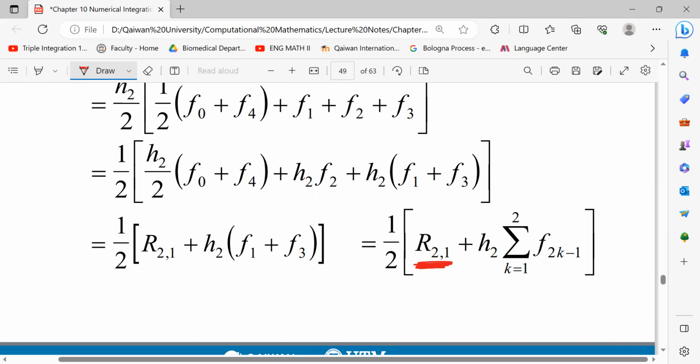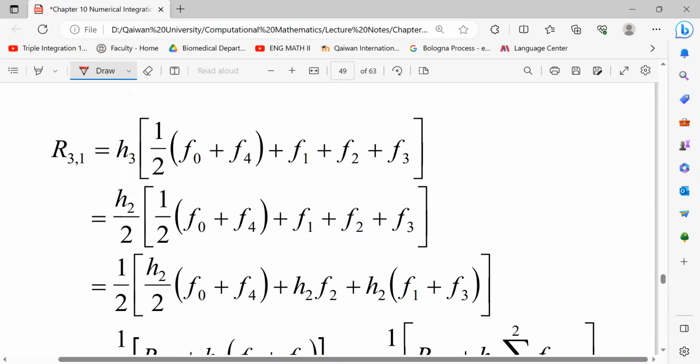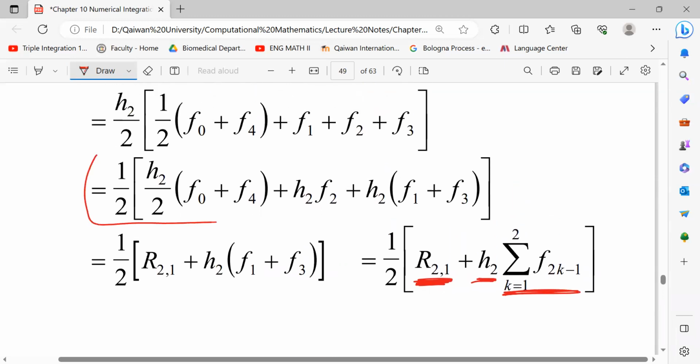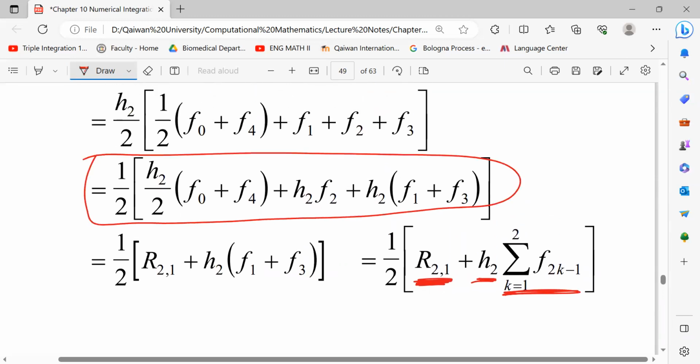Up to now we found two, R11 and R21. For getting R31, we say it is R21 plus H2 multiplying by this sum. Or you can use this rule, a half R21 plus H2 times F1 plus F3.